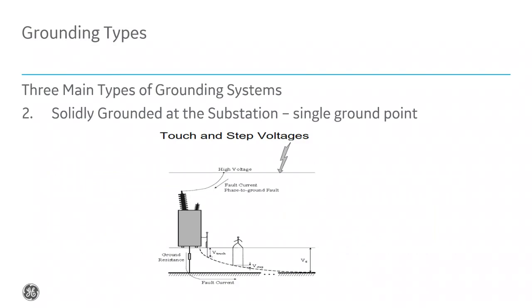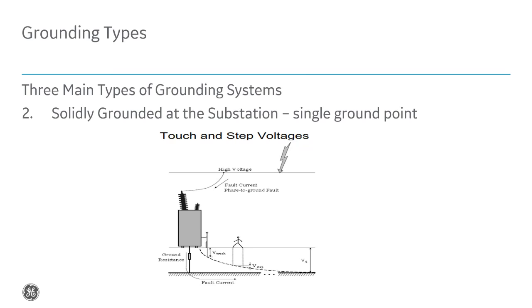One of the problems with the solidly grounded method is the touch and step voltage issues that we can have. If you do have some sort of ground fault in the system, depending on how good your ground is from your transformer to your ground mat, you could have some ground resistance. Maybe you've designed it properly and it's very small, but over time that might deteriorate.